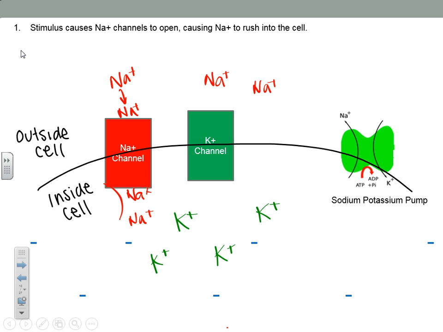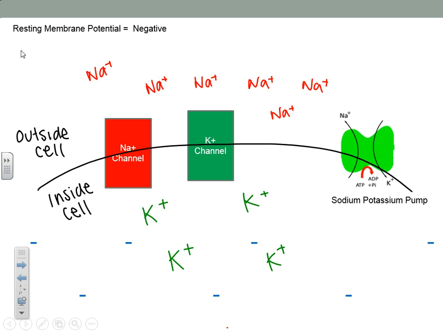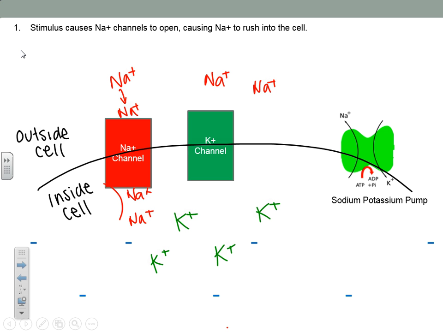Okay, so from where we were at on the last slide, we have these negative charges inside the cell, and we have 4 positive charges. So now that the sodium channel has opened and sodium is rushing into the cell, now I have more positive charges. Right now I have 1, 2, 3, 4, 5, 6 positive charges.